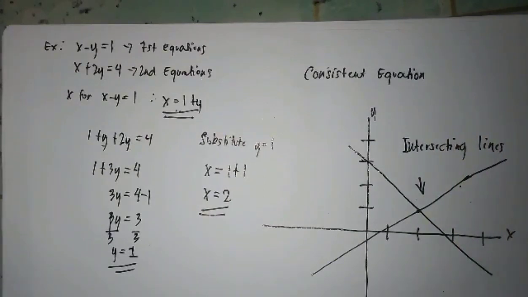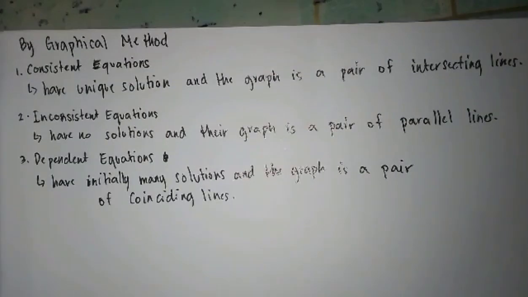And the next part is inconsistent equation. An inconsistent equation has no solutions and its graph is a pair of parallel lines. So let's solve and give an example.